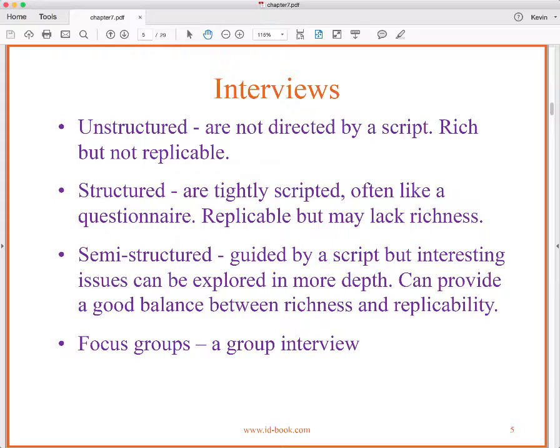So probably the one interview design that I was the most closely associated with when I worked in our informatics research center was research where we were talking to managers and directors of humanities research centers.